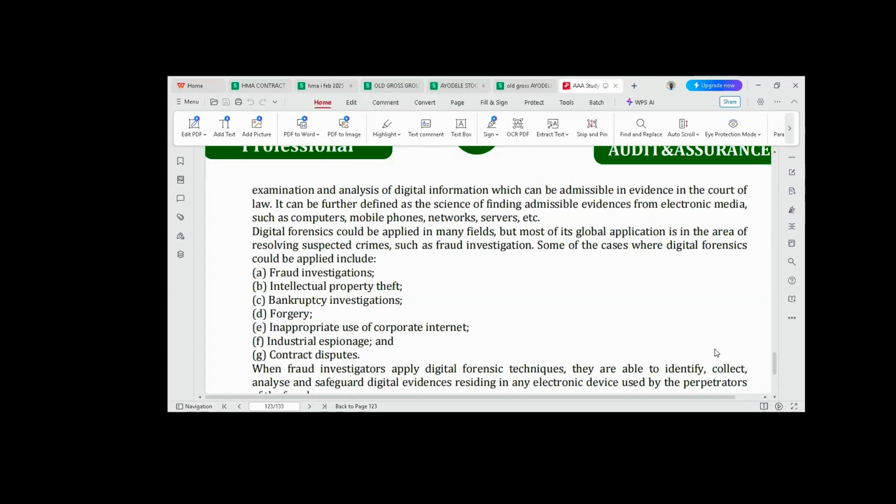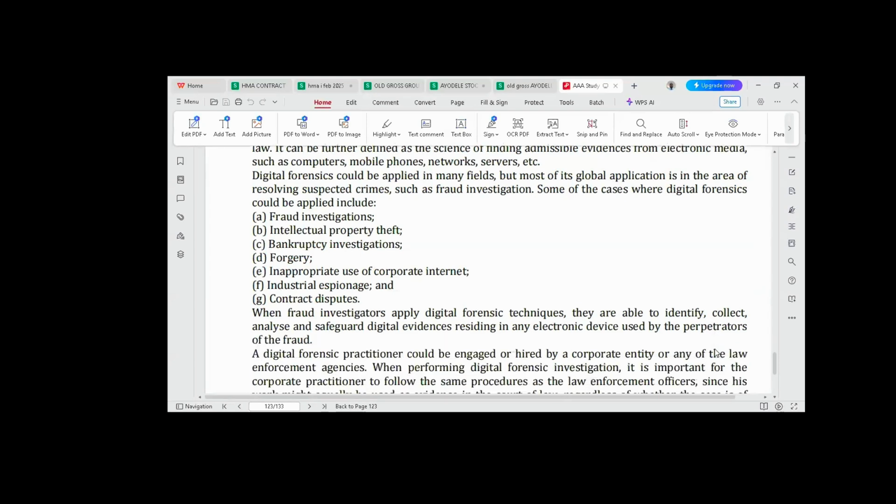We call it industrial espionage. It's used everywhere, especially by big organizations. Then contract disputes.